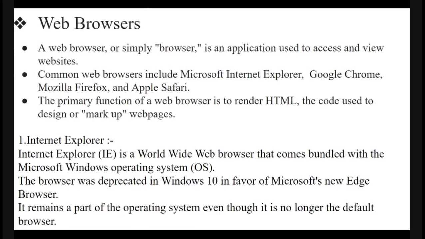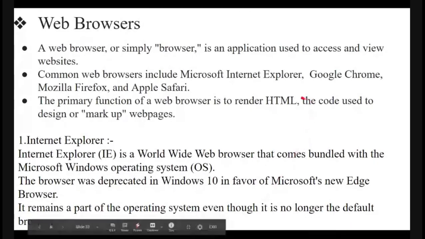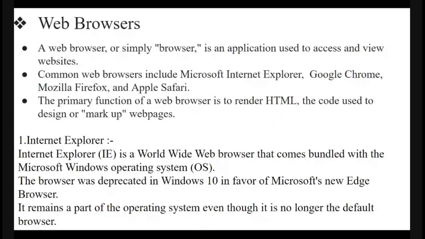A web browser is simply a browser application to render. Render means to give HTML, the code used to design or markup web pages. So this is something about the web browser.